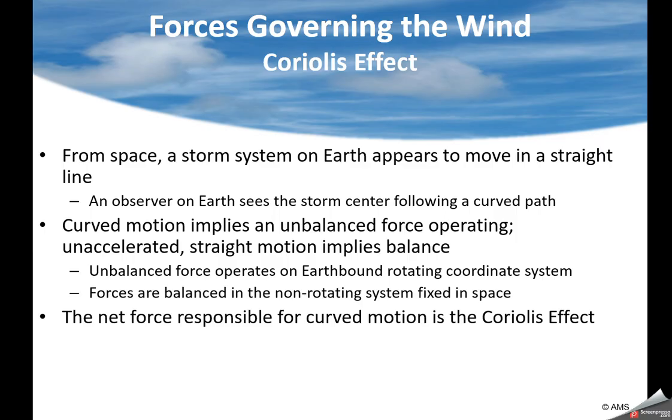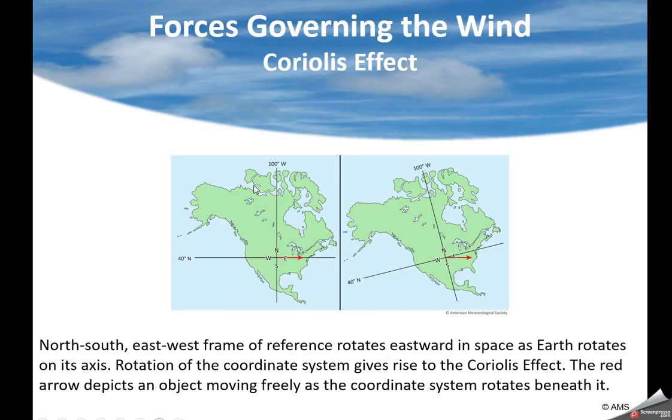This creates a force called Coriolis effect. You can actually think about it this way. Here's 100 degrees west, right there at 40 degrees. If you go a few hours later, hardly any motion at the top, right? But this has moved significantly to the right. That motion is what we call a Coriolis effect.